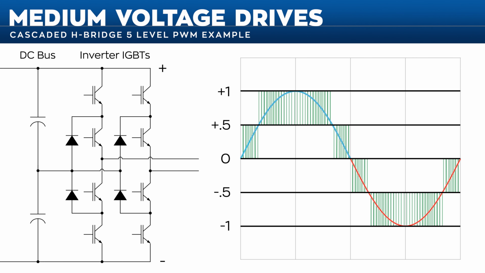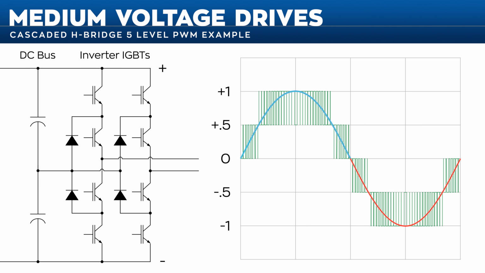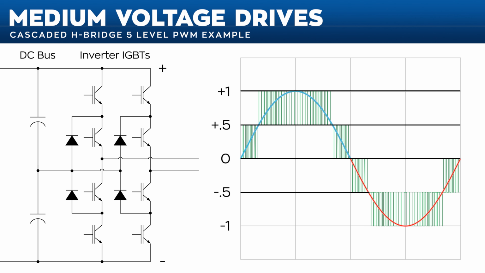In the 5-level cascaded H-bridge topology shown, the drive can switch 5 voltage levels to the output leads: the full positive DC bus voltage, half the positive DC bus voltage, 0, half the negative DC bus voltage, or the full negative DC bus voltage. Compared to the 3-level drive, 5-level drives create a waveform that more nearly approximates a sinusoid.